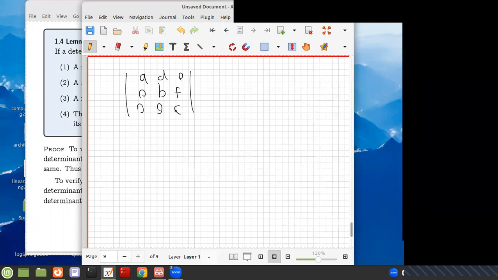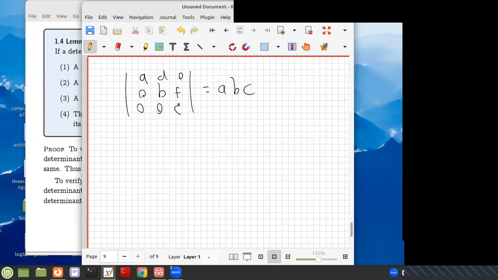By row operations, I can multiply the last row by something to get rid of E and F. And once I've done that, I can multiply this row by something to get rid of the D. That won't change the determinant, but it'll have just A, B, and C. So this is going to equal ABC. So the determinant of an upper triangular matrix is the product of the entries along the long diagonal.